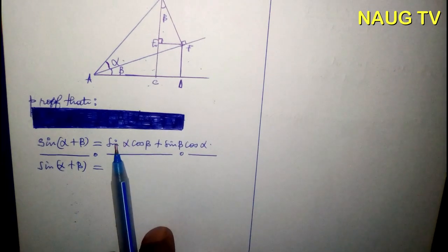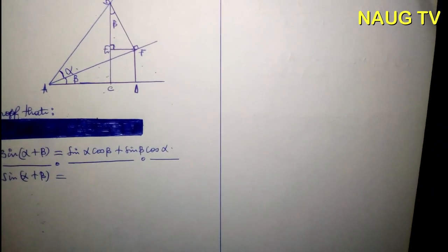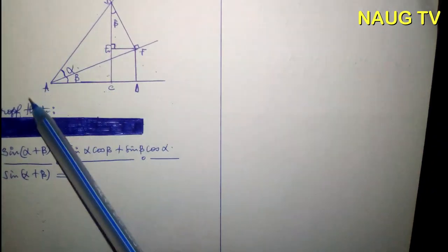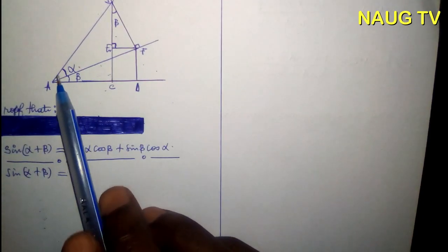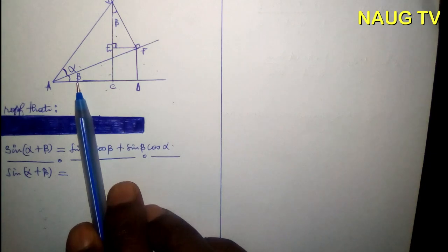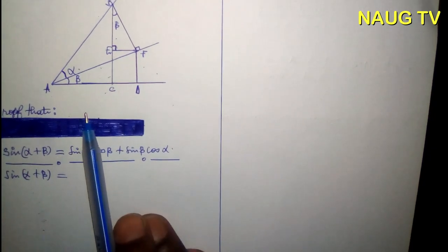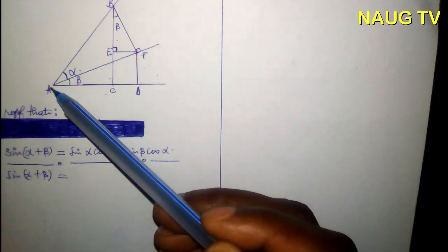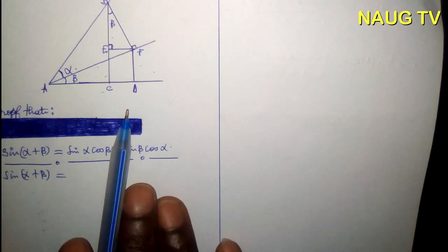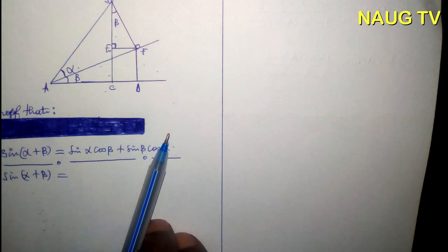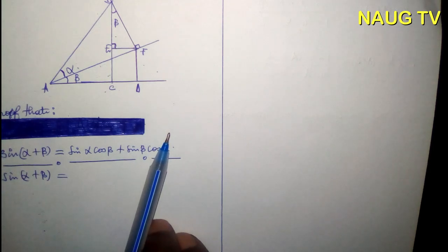Now let us start. As we can see in this figure, sine of alpha plus beta would be given by the triangle ABC. As usual, we know that sine of any angle equals the opposite side over the hypotenuse.